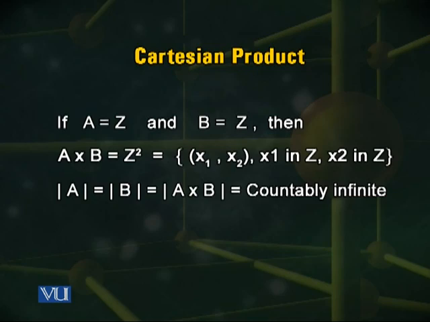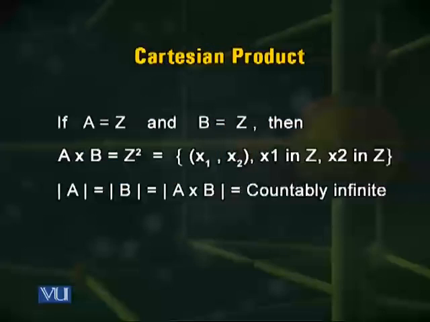What about its cardinality? We know that the cardinality of integers is infinite, but it is a countable infinite. So what will be the cardinality of the Cartesian product of one set of integers with a second set of integers? Will it be infinity square?